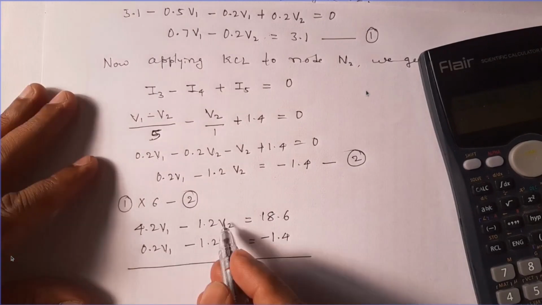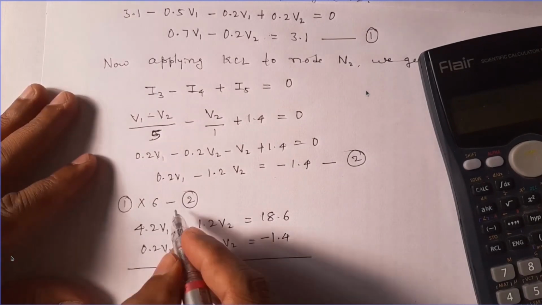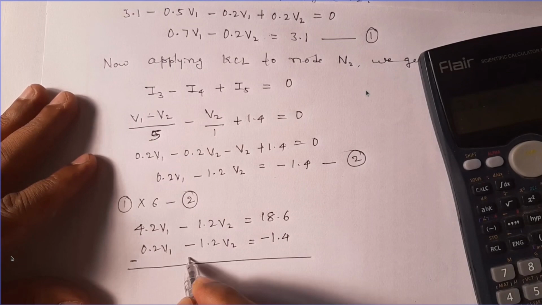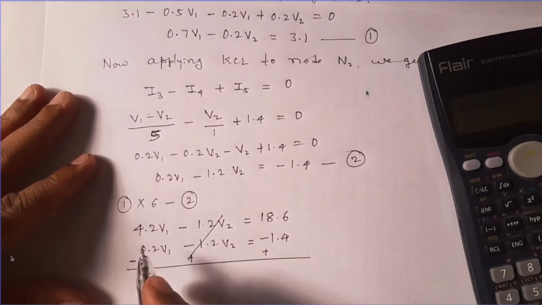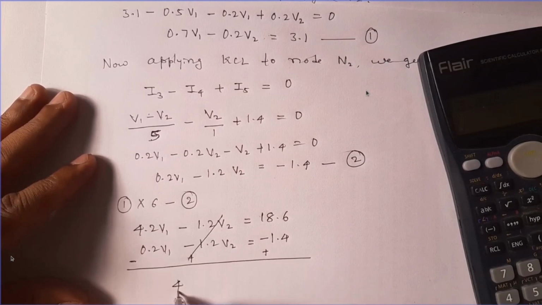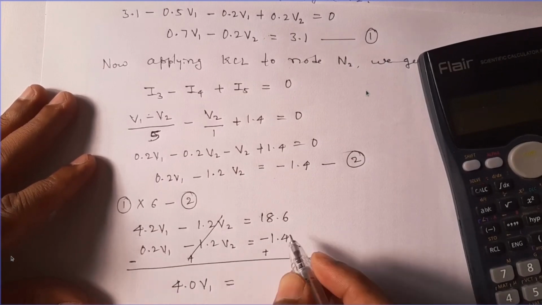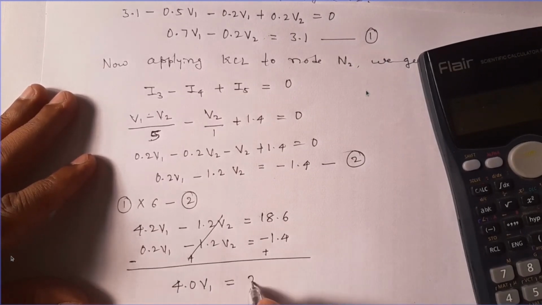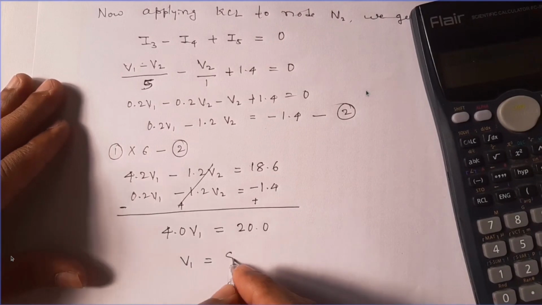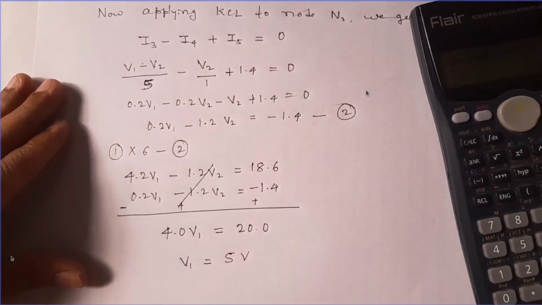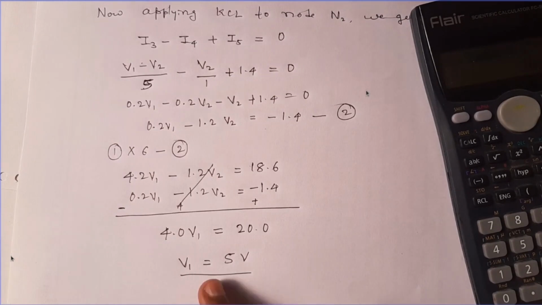Now to cancel out V2, I am going to subtract it. This will get cancelled, and this is 4.0 V1 is equal to 20.0. Nothing but V1 is equal to 5 volts. You obtained one node voltage, that is V1.